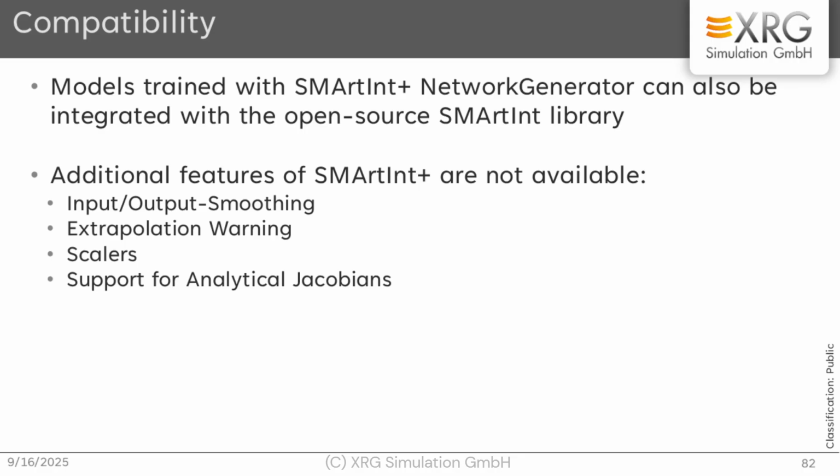The only disadvantage is that you don't have the additional features of the advanced interfaces like input-output smoothing, extrapolation warnings, scalars, and support for analytical Jacobians. So this is then missing, but you still can reintegrate your models.